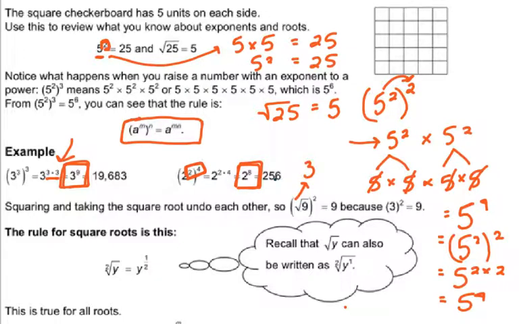What is 3 squared? 9. So squaring a number that is already under a radical is just going to be itself. The square root of 9 squared equals 9, because 3 squared equals 9. Always remember that.